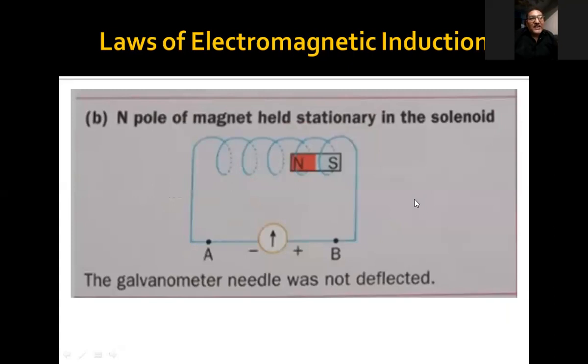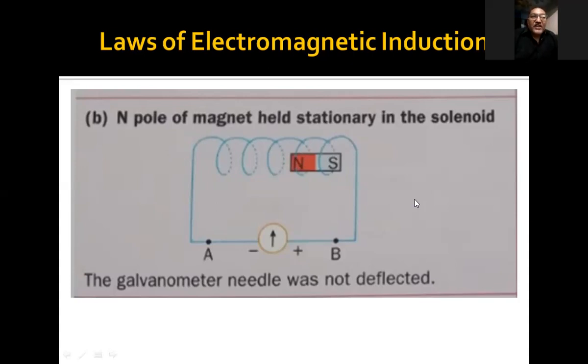So you see the magnetic lines of that bar magnet are still passing through this solenoid. The magnetic flux of this bar magnet is still passing through this solenoid, but that magnetic flux is now not changing because the bar magnet is not moving.